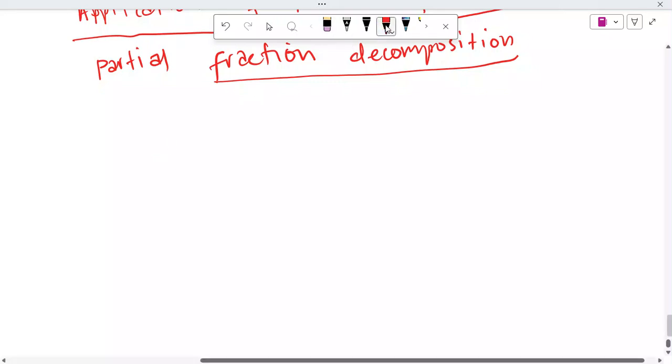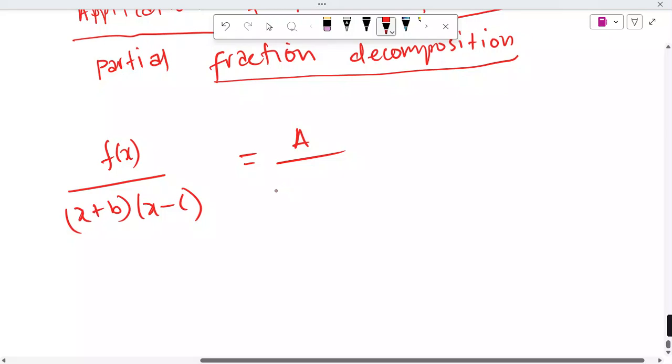Okay, so to begin with, let's say you have a fraction. So you have a function f, this is a numerator f of x. This function is divided by linear functions x plus b, x minus c. By linear I mean x doesn't have a power, it has a power of 1. So this is the same as a over x plus b plus b over x minus c.